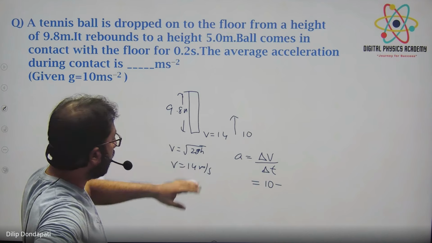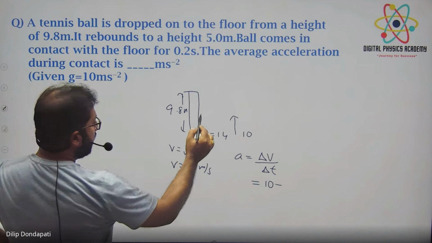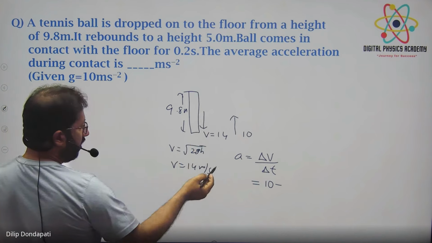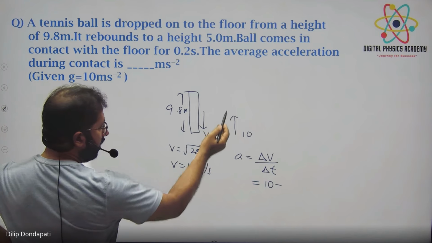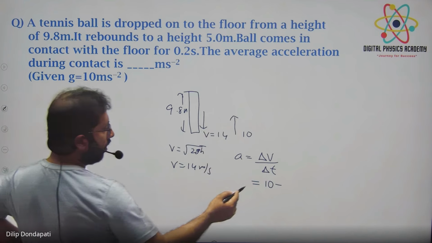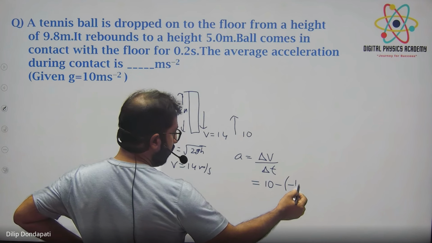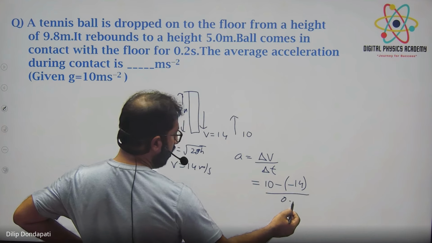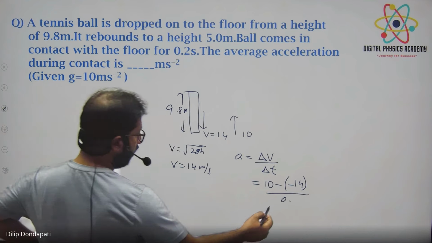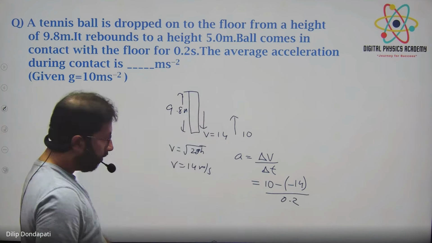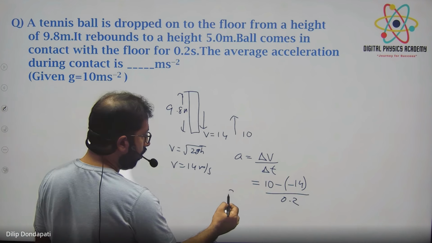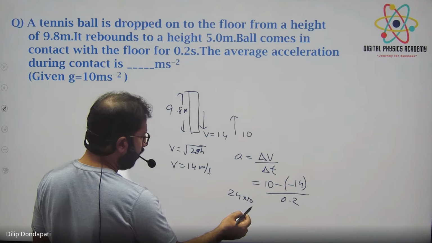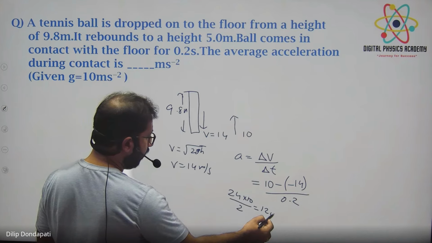Velocity आपको vector quantity है ना. सो देखो, ये नीचे वाला velocity कितना है? माइनस ले रहा है ना, और ऊपर वाला velocity is positive. सो कितना होगा? Change in velocity means final 10 minus initial, initial is -14, by time is how much? 0.2 seconds. So it is 24 into 10 by 2. So it is 120. Okay.